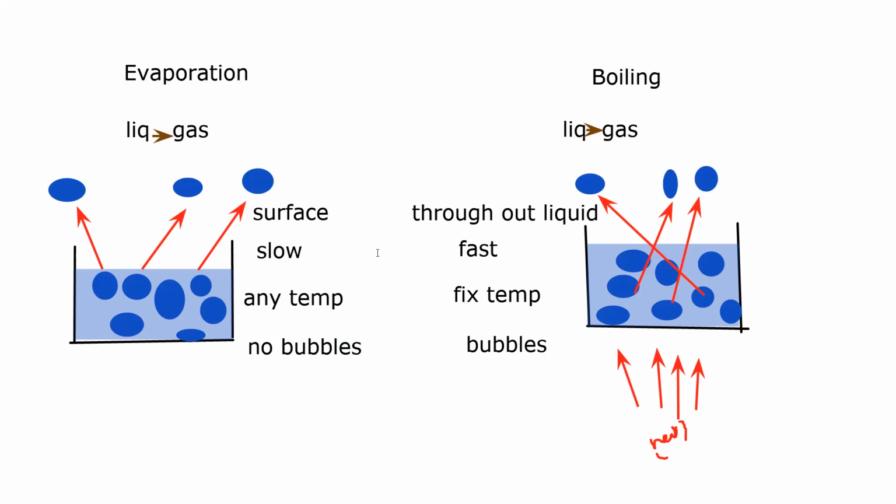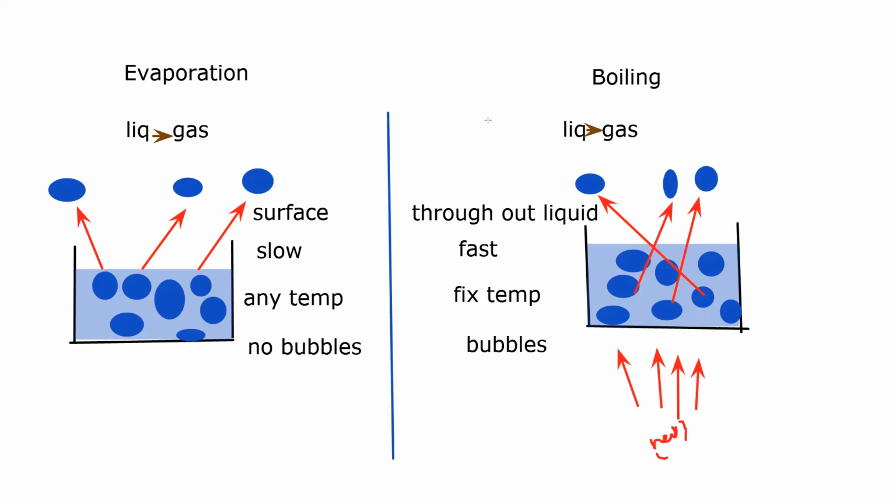Is the concept clear, the difference between boiling and evaporation? Any doubt till this point about how evaporation and boiling are different from each other? So boiling is a fast process. We have to supply heat energy.